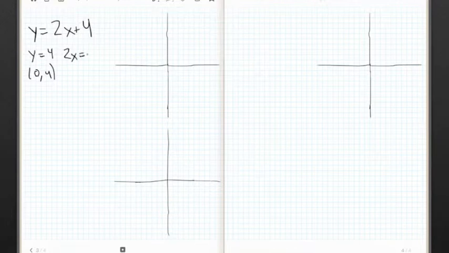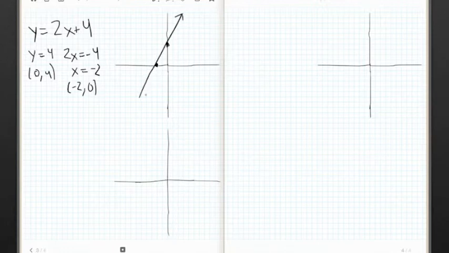So that means 2x will equal negative 4. X is negative 2. Negative 2, 0. So now plot these 2 points there. And we can see, if we did this well enough, that we should have a slope of around 2, which it looks like we do, up 2 over 1, and a y-intercept of 4. So in that case, it actually did work out to be pretty accurate.